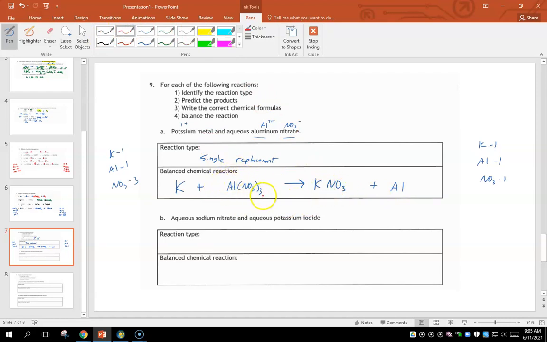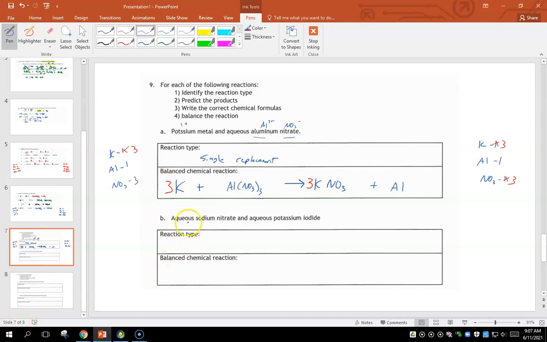Because I have 3 nitrates here, that means I need to put 3 over here. But remember, I can't put the 3 as a subscript. It needs to be a coefficient, which is going to now turn this into a 3 and this into a 3. So that balanced out my nitrates. Now my potassium's out of balance, but I can fix that with another coefficient 3 there. Done.